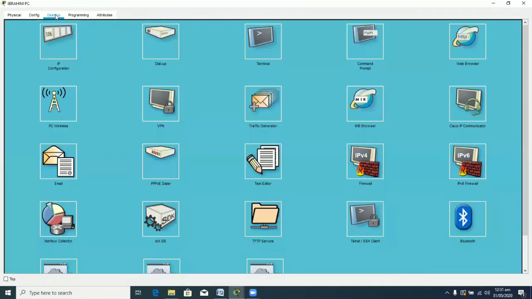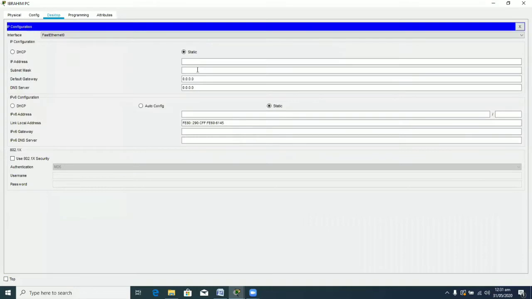So this is the desktop, and at the desktop, this is the IP configuration. Static configuration means I will be simply adding the IP address myself: 10.1.1.2, and the subnet mask is 255.255.255.0.